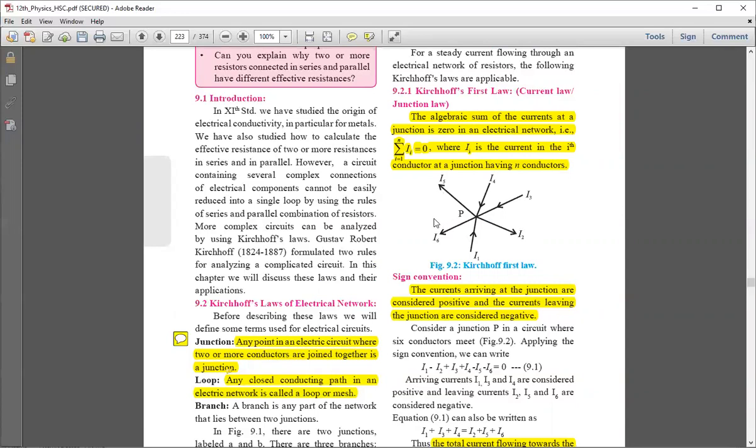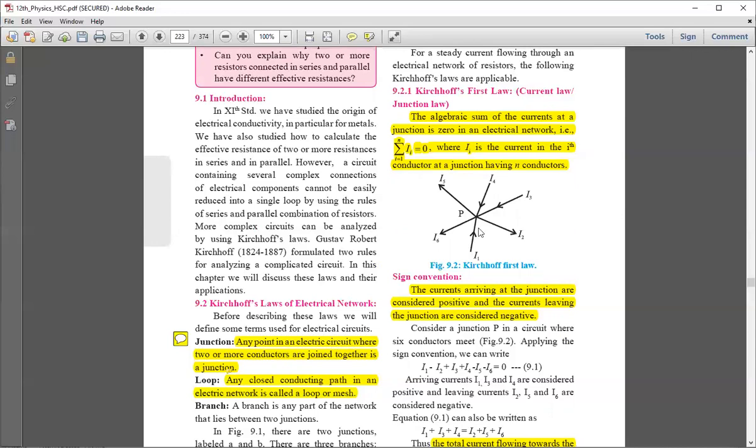So as per sign convention, currents I1, I3, I4 are flowing toward the junction, and these are considered positive. Currents I2, I6, I5 are moving away from the junction, hence they will be considered negative.